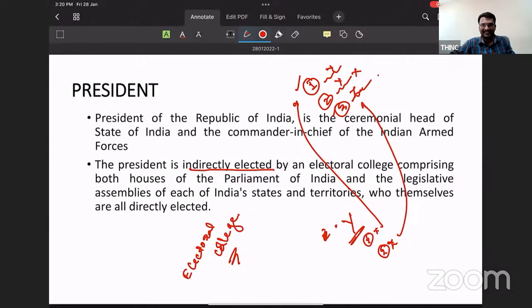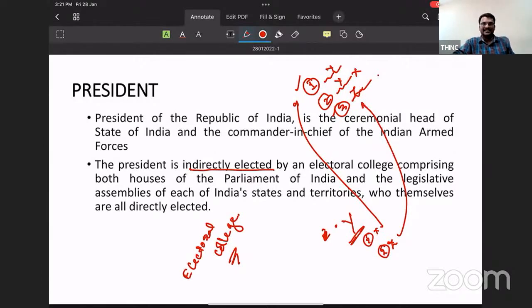He will be elected as the president, and he will take oath as the president. From that day onwards, he will continue as the president of the nation. If there is any delay in choosing the president, the former president who was in the position earlier will continue until the new president assumes charge.